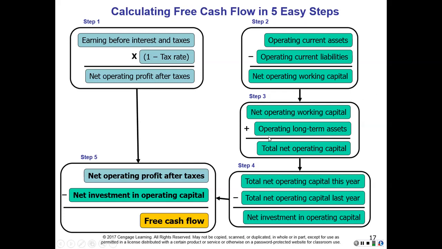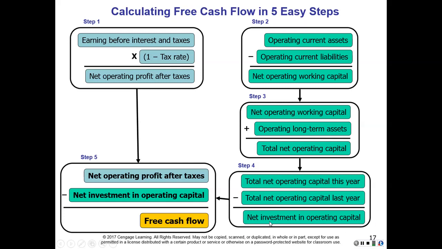Take that and add to it operating long-term assets, which is basically our fixed assets, right? And then we get total net operating capital. And then take that and subtract net operating capital from last year. So you have to do this process for 2 years. You get the net operating capital for this year and subtract the net operating capital for last year.